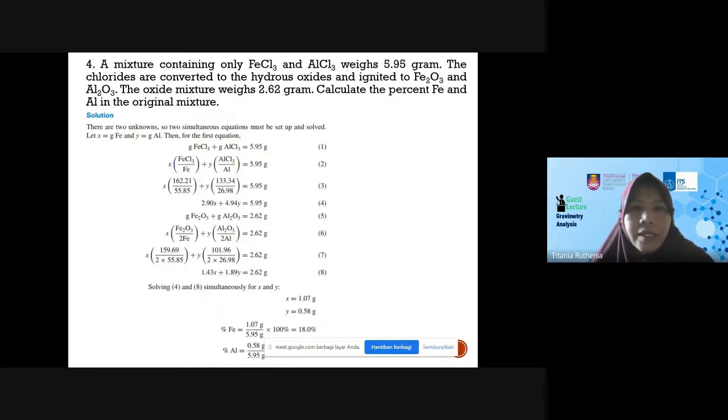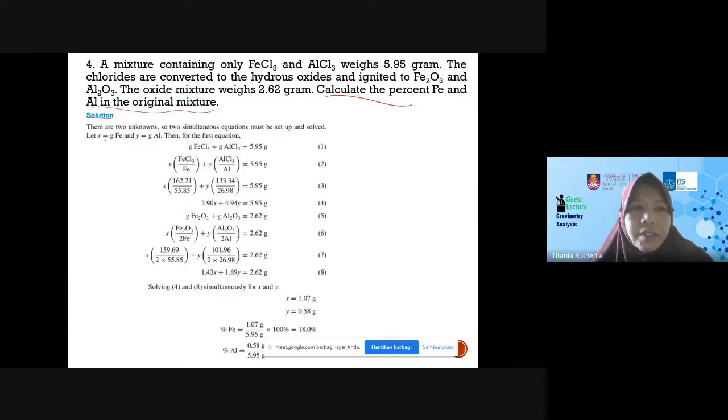A mixture containing only FeCl3 and AlCl3 weighs 5.95 gram. The chlorides are converted to the hydrous oxides, then ignited to Fe2O3 and Al2O3. The oxide mixture weighs 2.62 grams. Calculate the percentage of Fe and Al in the original mixture.